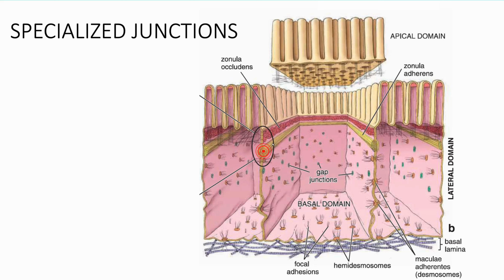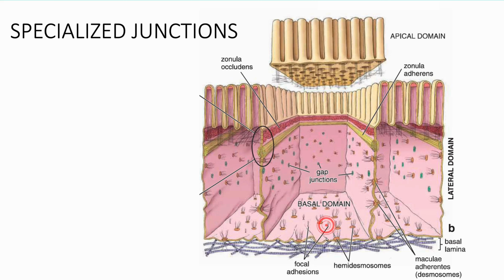Then what is this? We can see zonula adherens, which according to this diagram we can say is just beneath or inferior to the zonula occludens. That is not a correct description. Inferior or beneath is not applied here, but still for this description we can use the term. Then in between the cells you can see multiple gap junctions on the lateral domains.